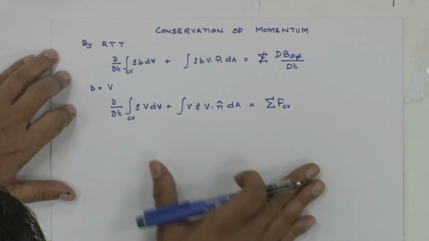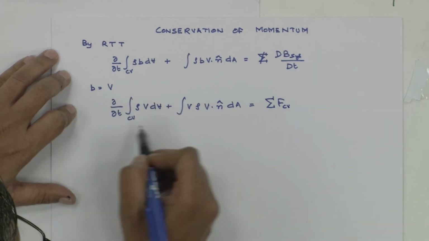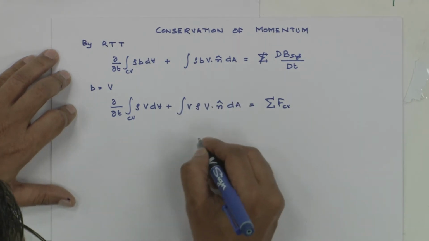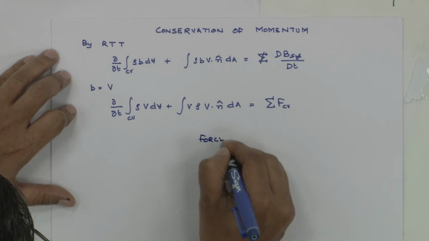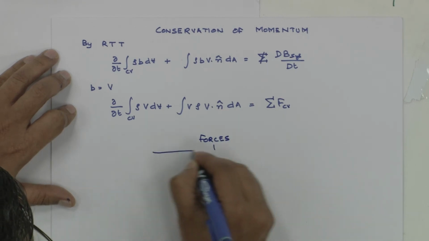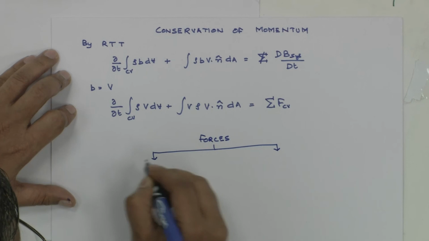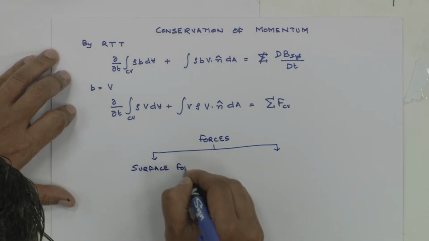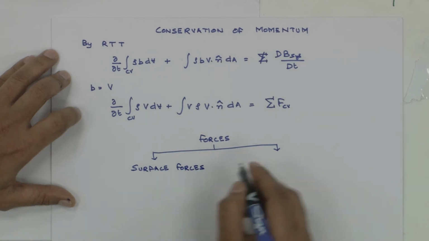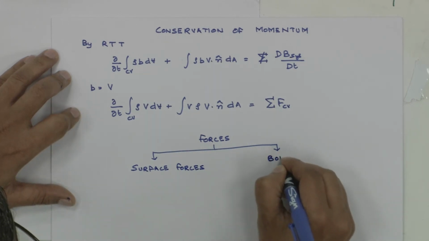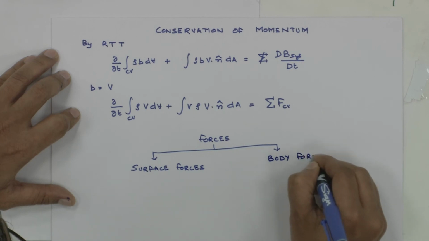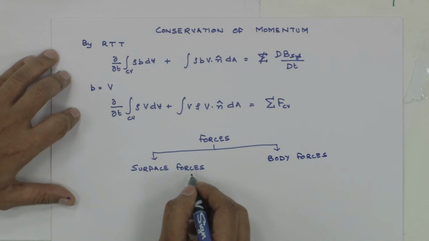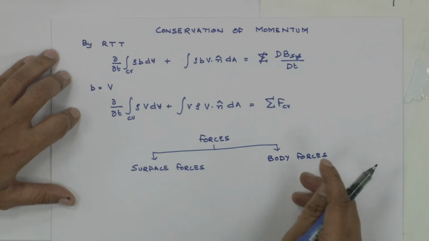Before we derive the rho V dV and V rho V dot N dA terms, I just want to tell you what the forces are which are acting. There are two types of forces. One is surface forces, and another is body forces. As the name suggests, surface forces are the forces acting on the area, and body forces are the forces acting on the whole body.